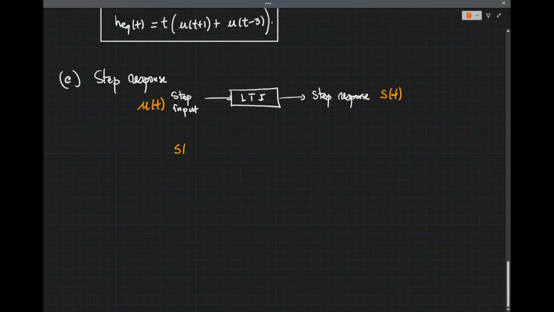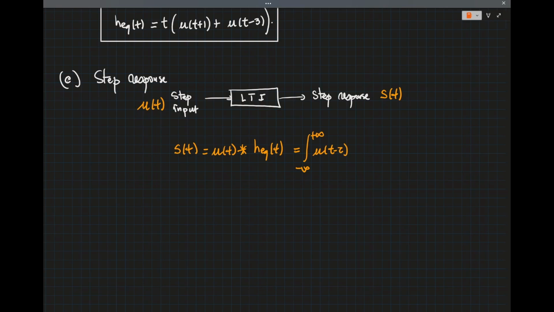So x of t, the output, by definition is u of t, the unit step, convolved with the equivalent impulse response. By definition, that is the integral from negative infinity to plus infinity of u of t minus tau, h equivalent of tau, d tau.